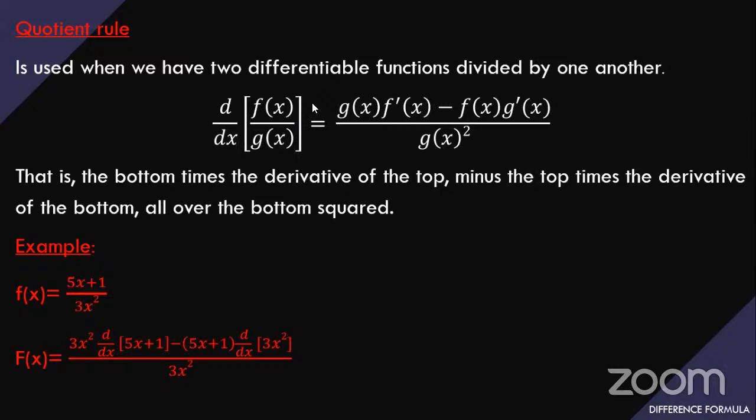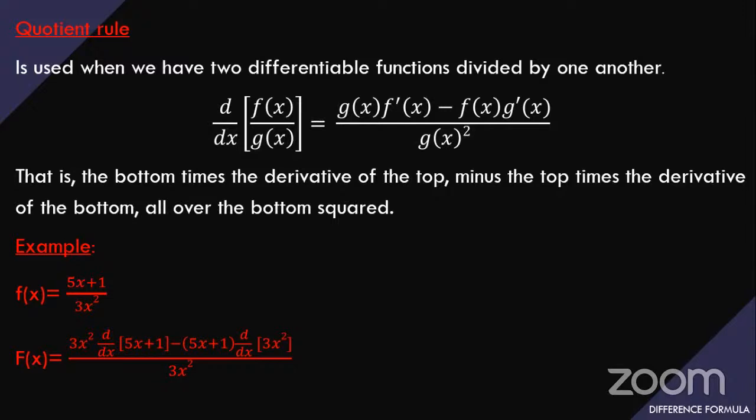So this is just what we are trying to say: that is the bottom, which is g(x), which you can find here, multiplied by the derivative of the top, minus the top times the derivative of the bottom, all over the bottom squared.